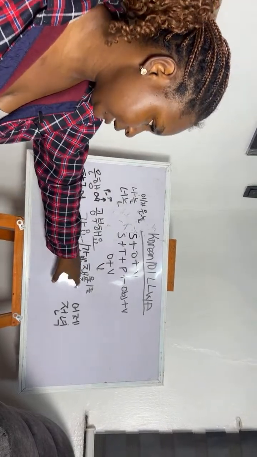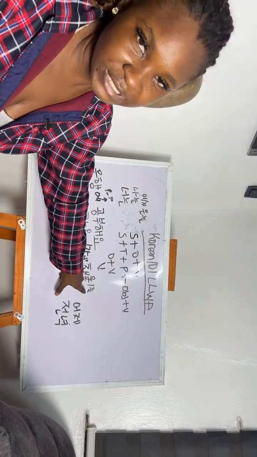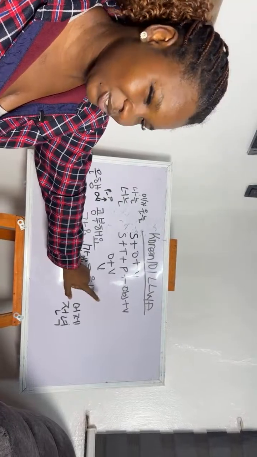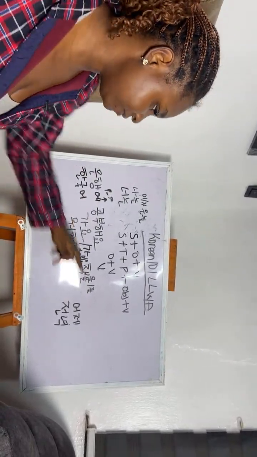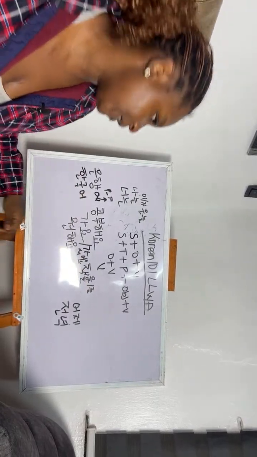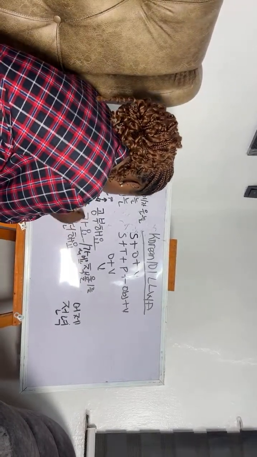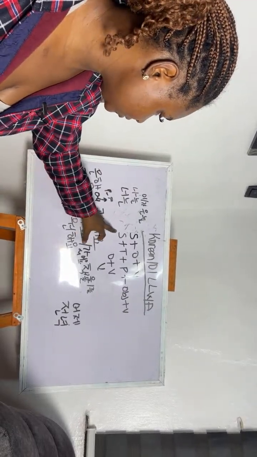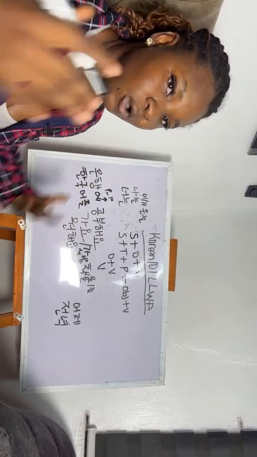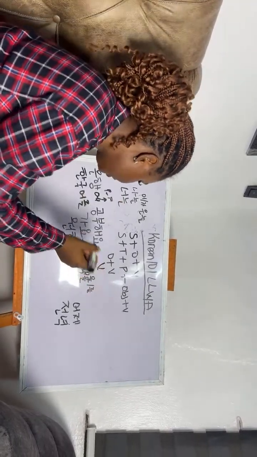I was supposed to write it here. So remember, if you're using an object, it has to have either the 을 or the 를 object particle, and in this case it's going to have the 를 because it does end with a vowel. So 한국어를, right? So I have my subject, which is I can say 엄마, which is mom.